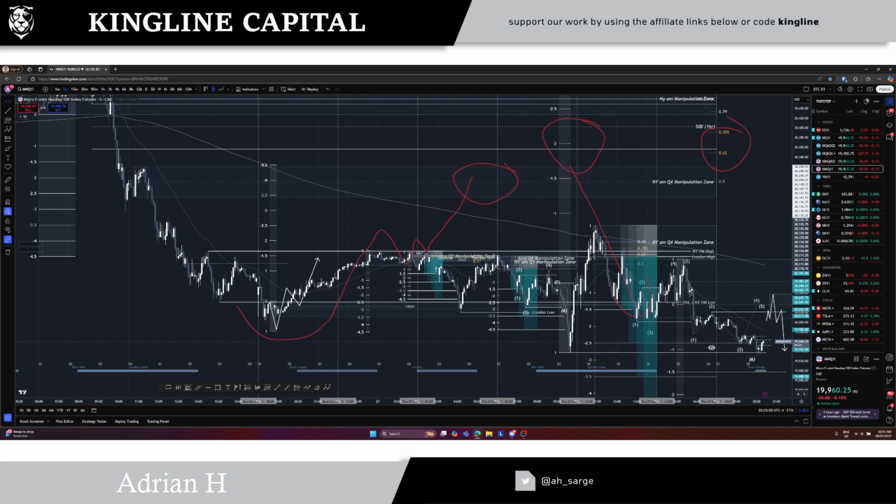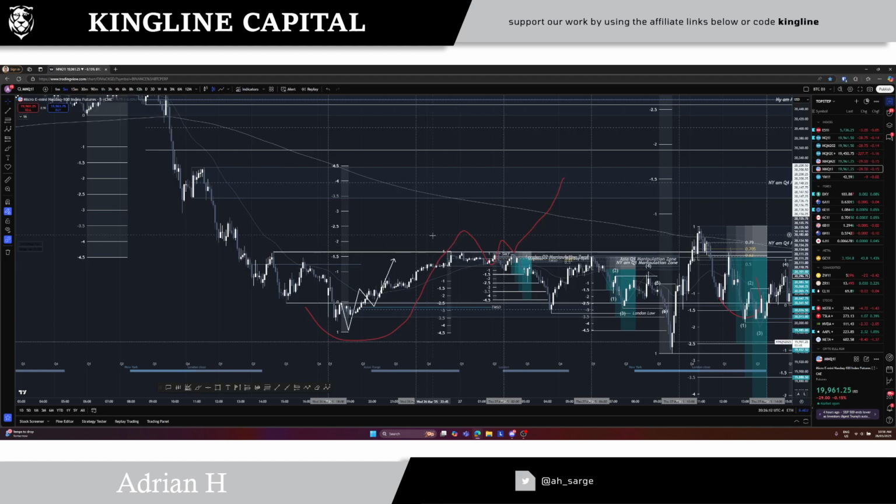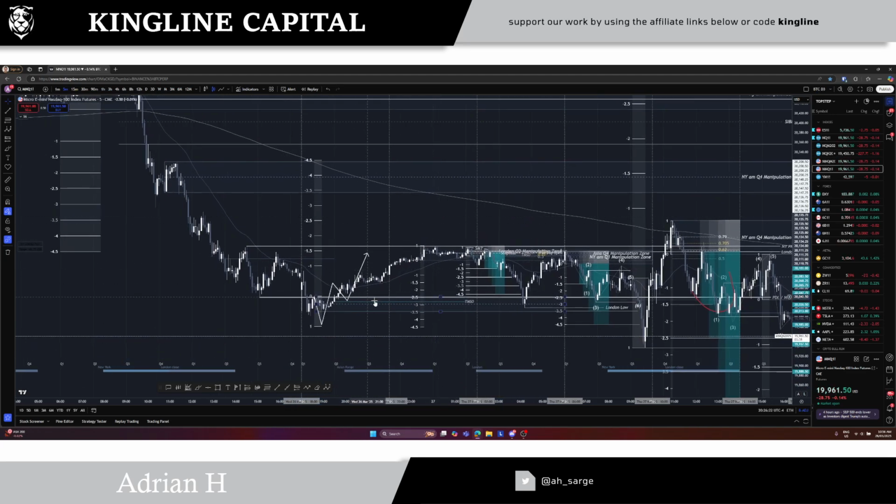You find London open is usually a short. It all depends what Asia did. But sometimes you'll find Asia will come back down and then London will do the continuation up, or if we are still in lower zones, London likes to flip Asia high as well and then continue.